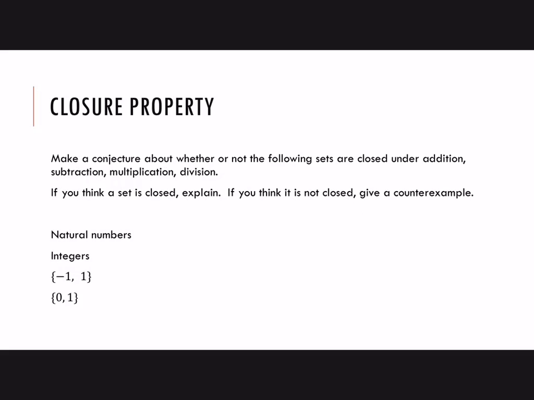Okay, how about the natural numbers? We'll go through with addition, subtraction, multiplication, and division, and we'll check each one. So natural numbers, think about adding things like 2 plus 3, 1 plus 12, 23 plus 156.